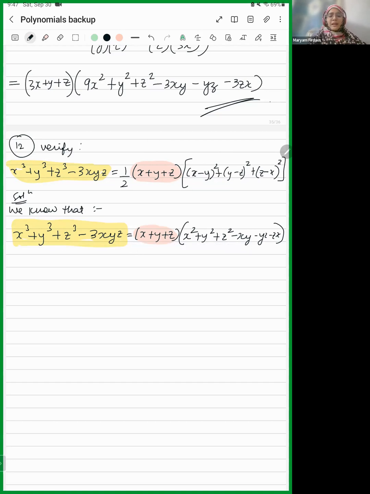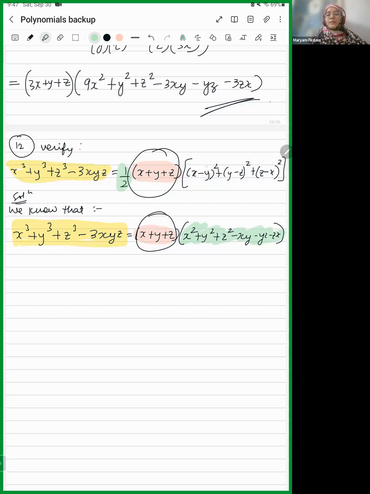The left hand sides are just the same. And even in the right hand side, one bracket is the same. Where is the difference? The difference is there in the second bracket. We know that this is x square plus y square plus z square minus so and so. We have to change this somehow into this half.